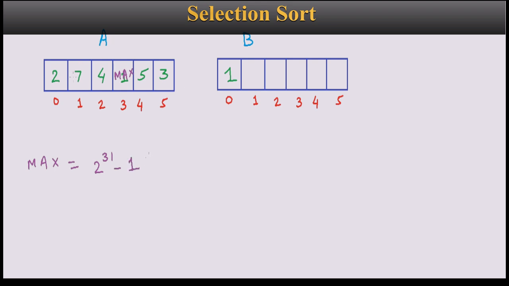And now we will scan A again for the second smallest element that will go to index 1 in B. That element will be 2. So 2 again will be replaced by max, and now the minimum is 3, and we will go on doing this until all the positions in B are filled.